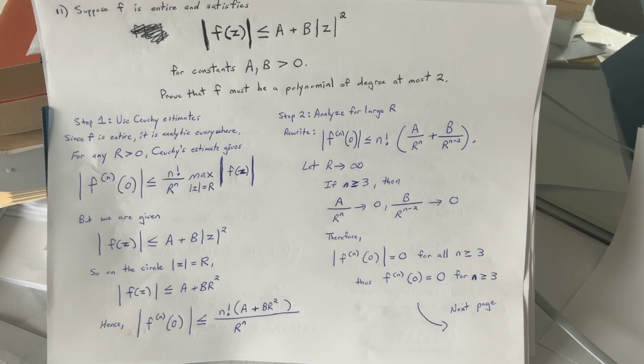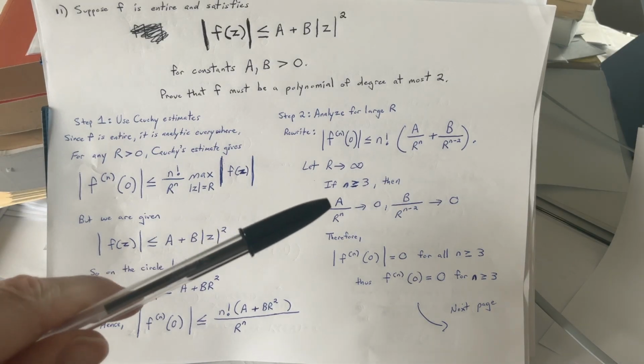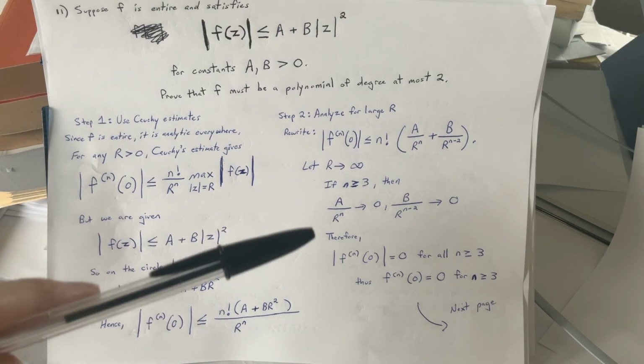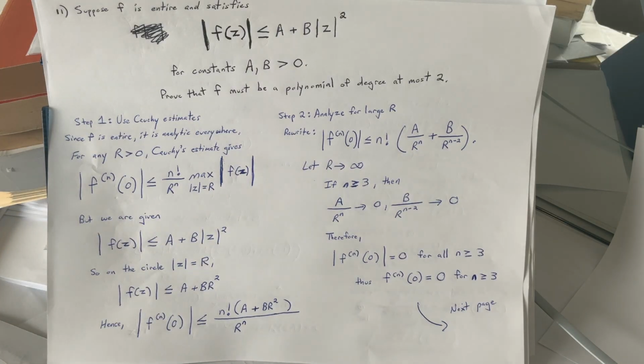We're going to let r approach infinity, and if n is greater than or equal to 3, think about why that would be 3, then a over r to the n approaches 0, and then b over r to the n minus 2 will approach 0.